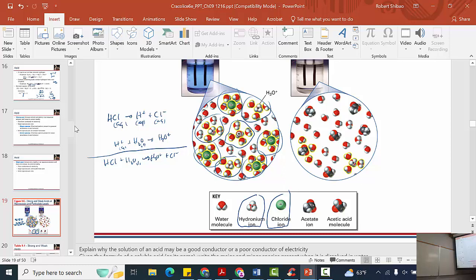Over here, this is acetic acid. Acetic acid is weak. So the major species over here are just the ions. Over here, though, the major species are the acetic acid molecules. Most of the acetic acids don't dissociate. It's just a very small percentage that dissociate. So this would be the major species, the acetic acid.